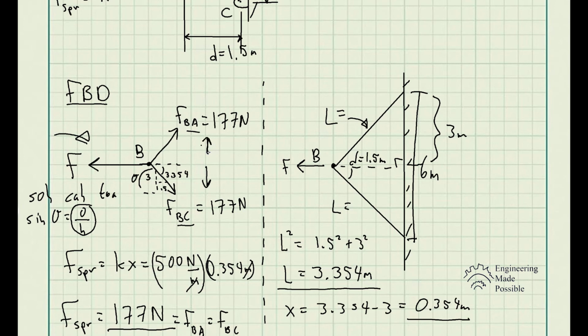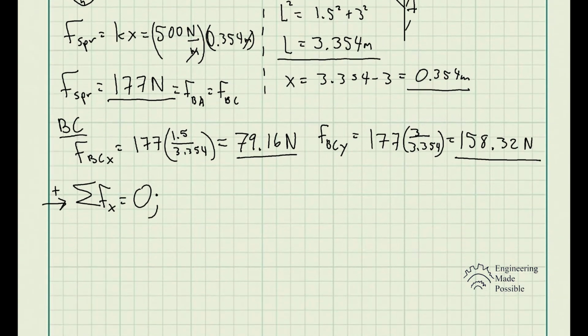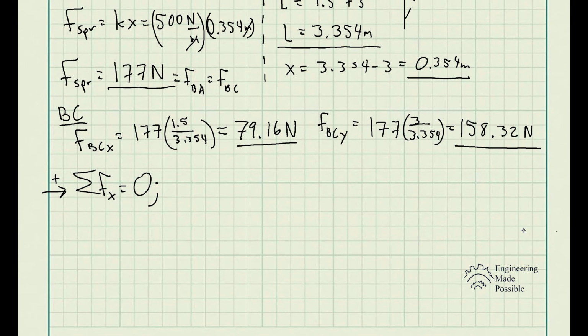Since they're both equal and opposite, just based on similar geometry, along the y direction these two forces cancel out, and the force that we're trying to solve for, F, is only along the x direction. So let's skip that step, but you're more than welcome to practice and do the sum of forces along the y direction.